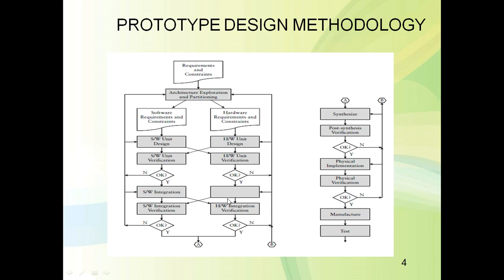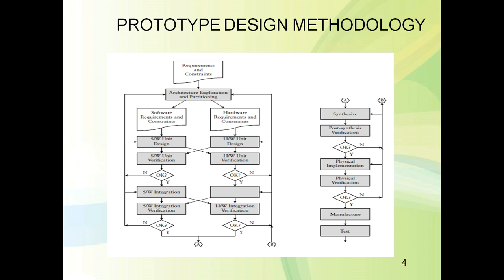It shows the hardware software co-design model, and in this the first point is the functional design. The functional design is divided into two parts: hardware implementation and software implementation. But hardware and software go hand in hand, they depend upon each other.